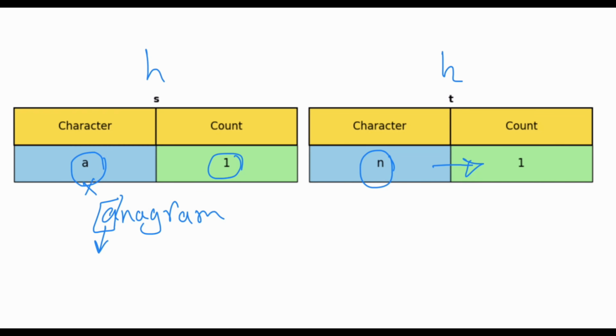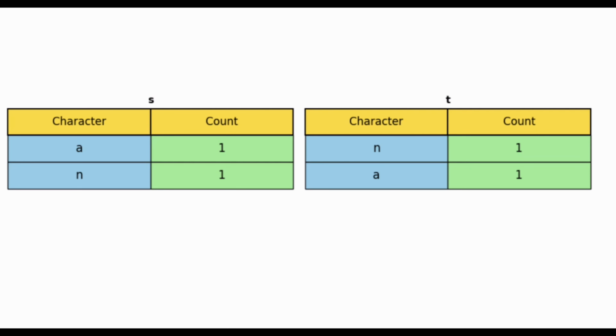So we go to the next character, for the anagram word we have ana. The second character is N, we put that in the s dictionary, and same for the t dictionary.